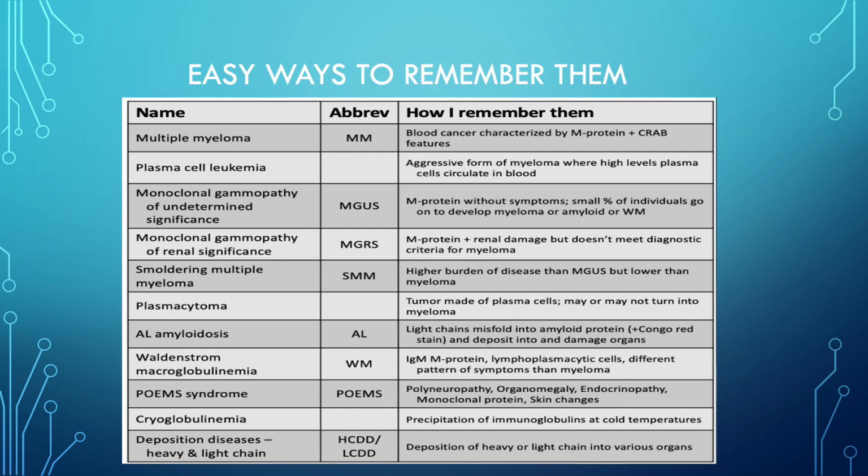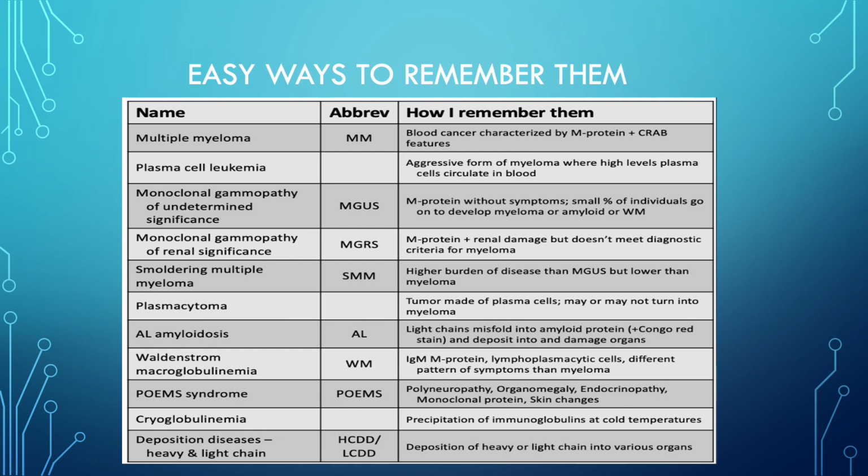Then we have AL amyloidosis, which is light chain amyloidosis, where light chains misfold into amyloid proteins. They're always Congo red positive, and they deposit into different organs and cause damage. There's Waldenstrom macroglobulinemia, which has significant IgM protein and lymphoplasmacytic cells, with a different pattern of symptoms than myeloma.